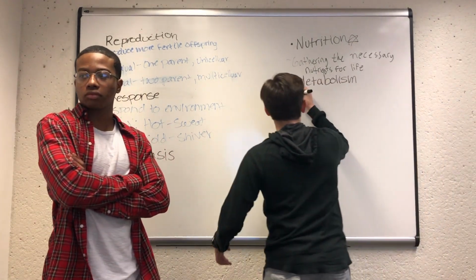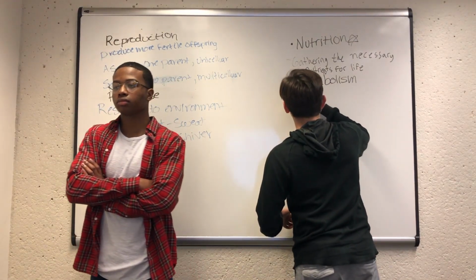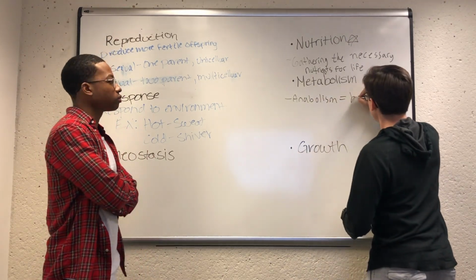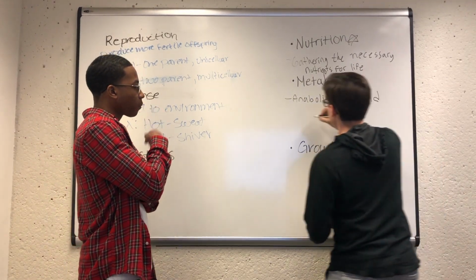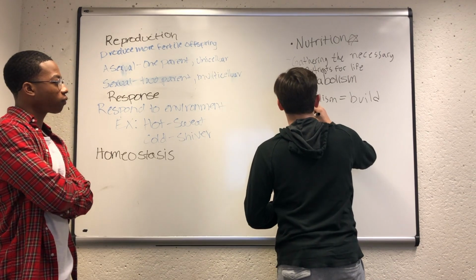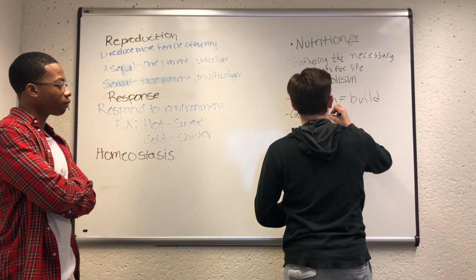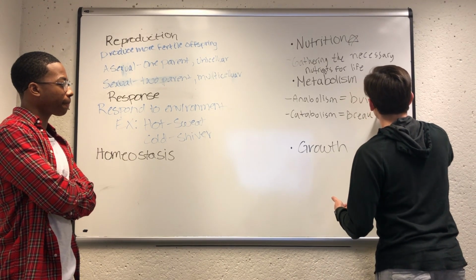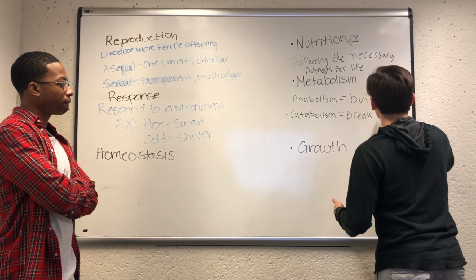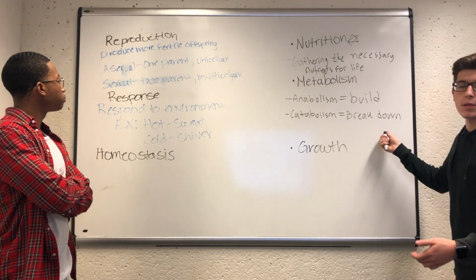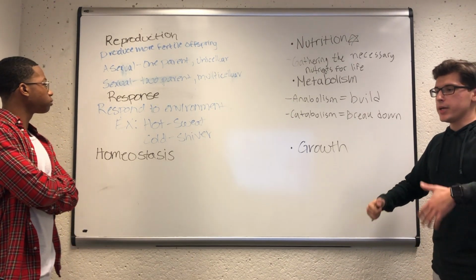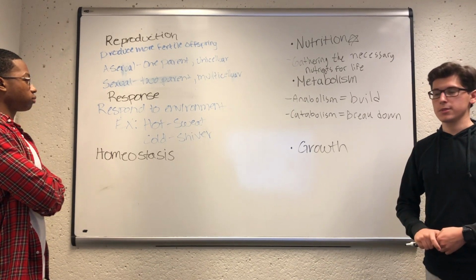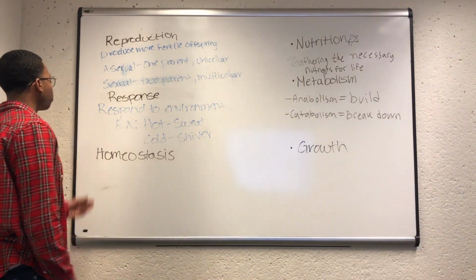So with anabolism, we build, and then catabolism, we break down. But metabolism is going to play a role in almost every major facet of chemical reactions in the body and in most organisms.